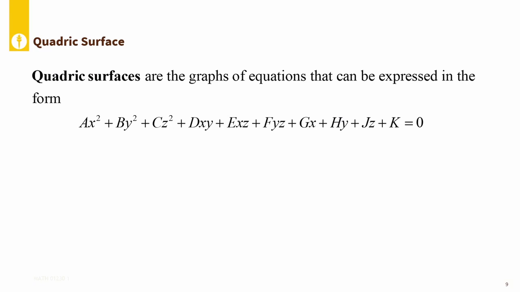So quadric surfaces are any surface that has that form, a standard 3-variable quadratic. And obviously all of the A through K, they're all just some constants.